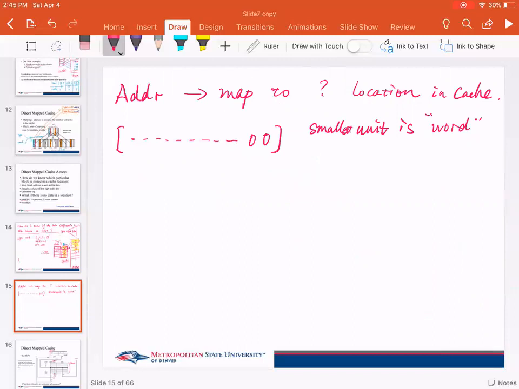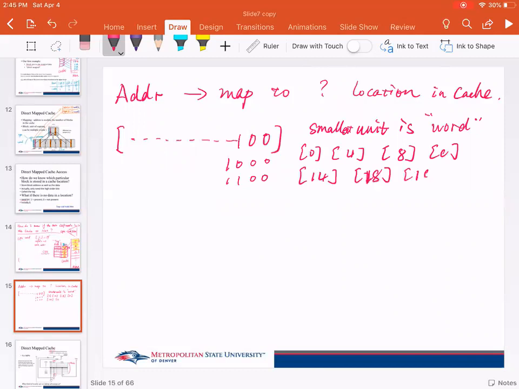You only have the address 4, address 8, address C. So you only have addresses like 0, 4, 8, C, and 10, 14, 18, 1C, and then 20, 24, 28.